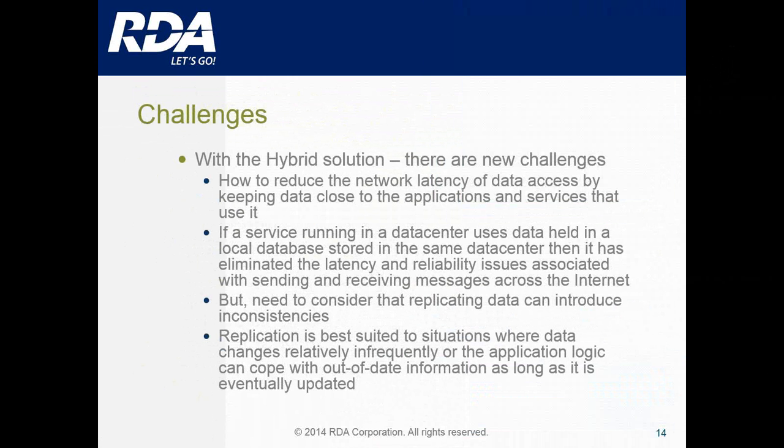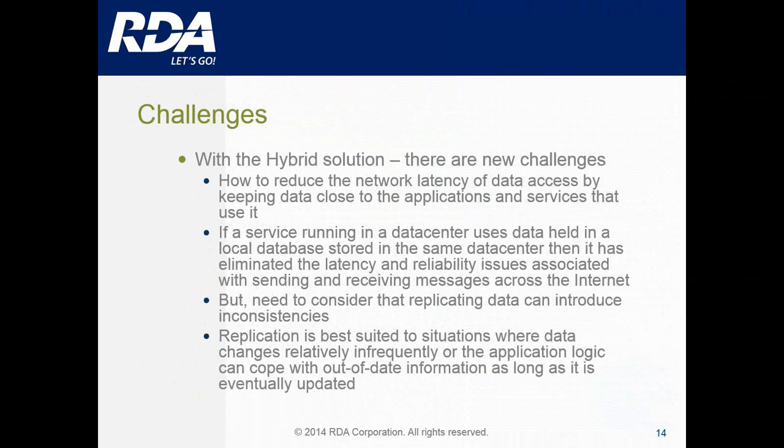Depending on the solution you use, of course, we need to address different types of challenges. We're moving these across networks, so how do you reduce the network latency of the data that is accessed? How do you make sure that you keep the data close to the applications that access it? Because we all know if there are multiple hops that need to be made to get to the data source that you're trying to reach, there may be different needs.